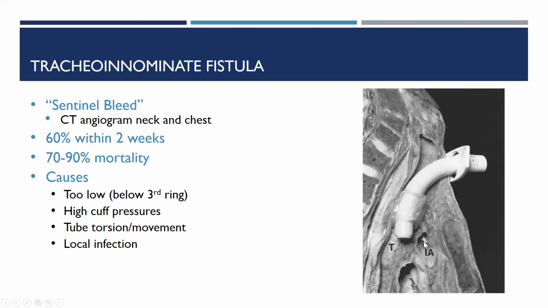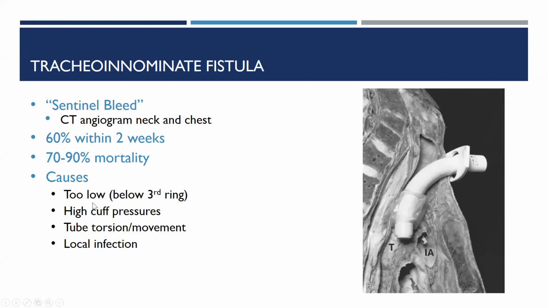So then you basically have aortic blood coming out through the airway, because this is right off the aorta. A lot of people will have a sentinel bleed, which is a relatively high volume, alarming amount of blood, but then it stops. But if this happens and you don't do something immediately, the person is dead.